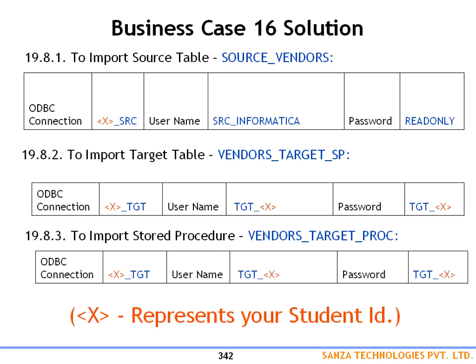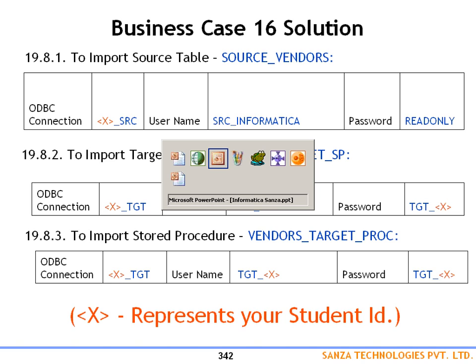So ODBC connection SRC, username SRC Informatica, read only. Target connection your ID underscore TGT, username TGT underscore your ID, password TGT underscore your ID. Then vendor's target proc is your stored procedure name. Import that using the stored procedure transformation, ODBC connection, username TGT underscore your ID, password.